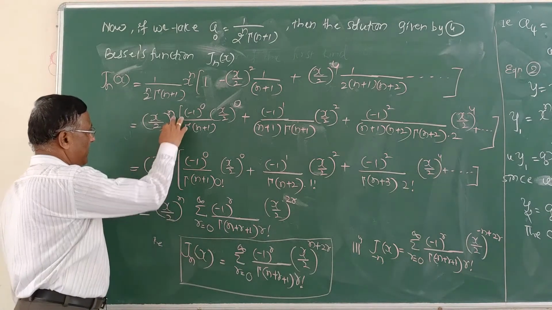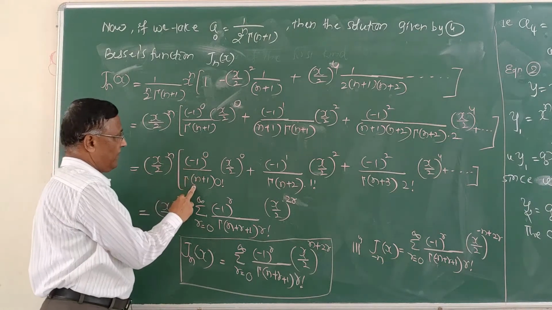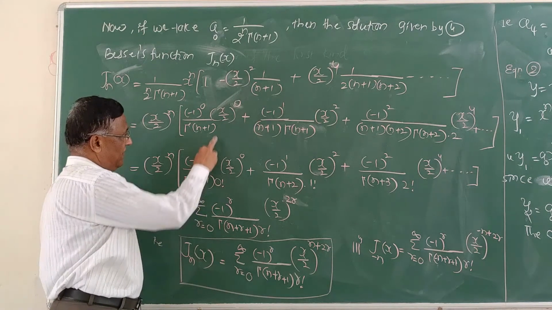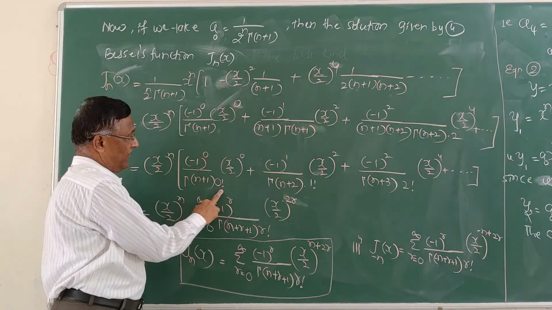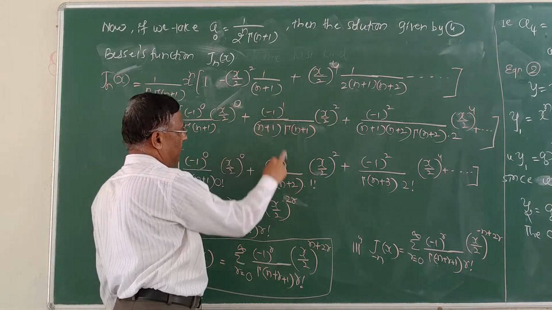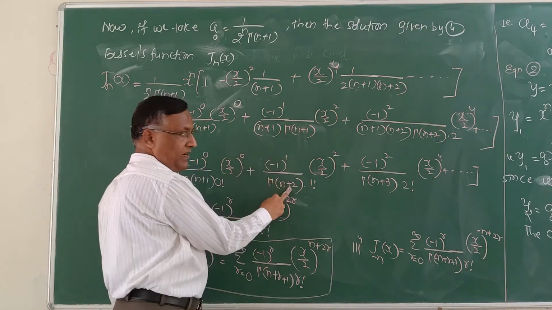That is x by 2 bracket raised to n into bracket minus 1 raised to 0 divided by gamma n plus 1 into, we can put this 1 as 0 factorial into x by 2 raised to 0, plus minus 1 raised to 1 divided by gamma n plus 1 into gamma n plus 1, which is gamma n plus 2.